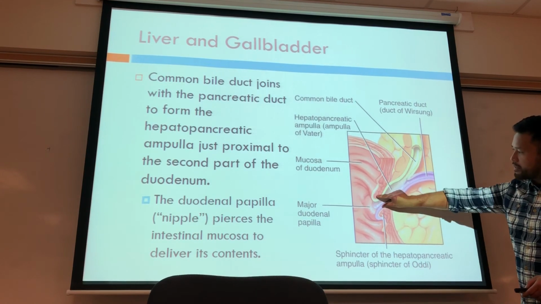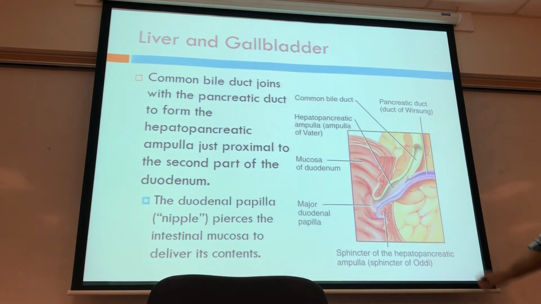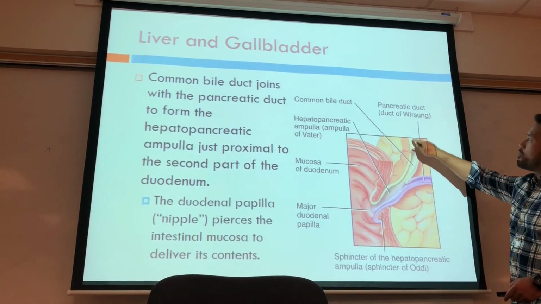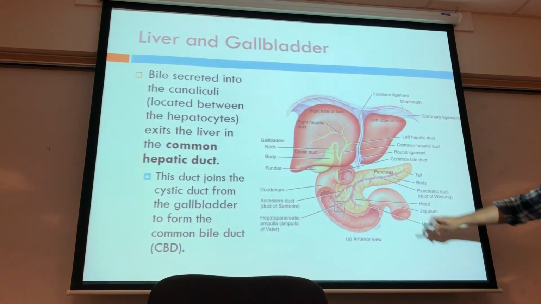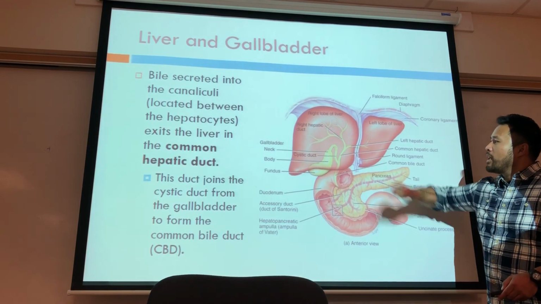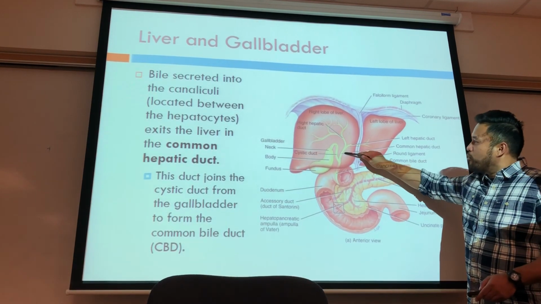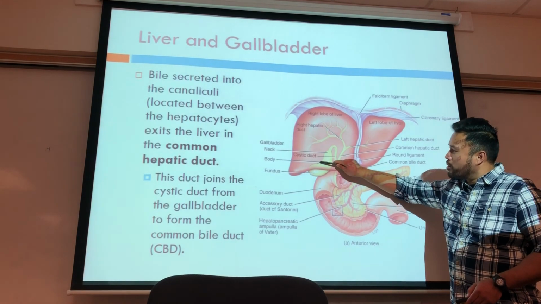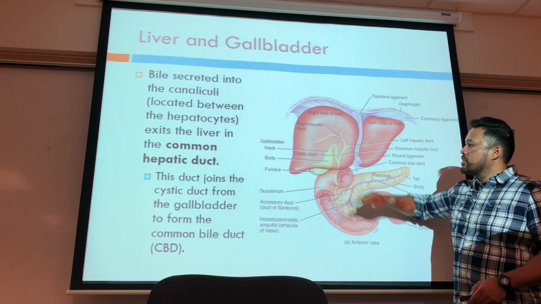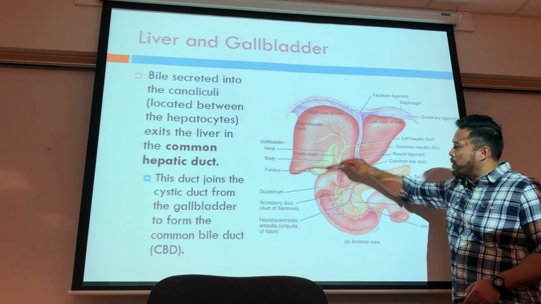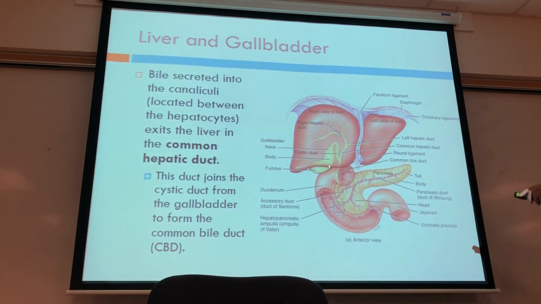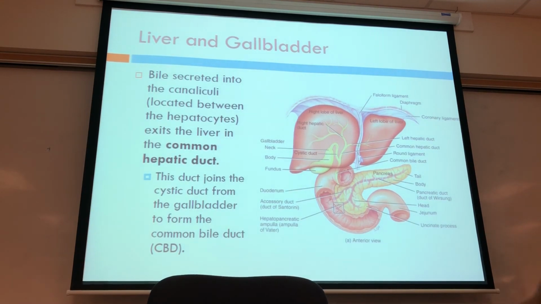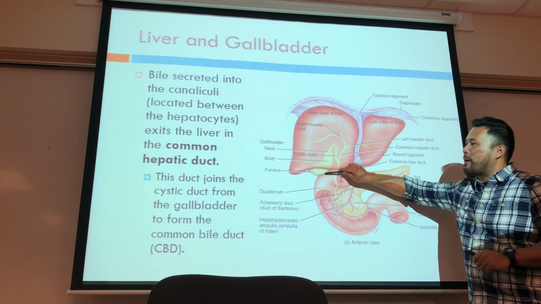By closing it up, that's going to occlude that ampulla, which will cause a backup of this bile all the way through, all the way back up into the gallbladder.